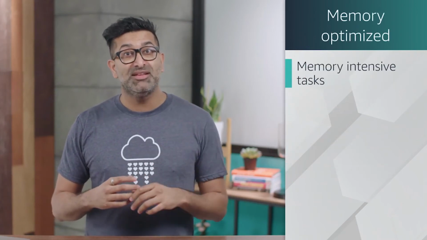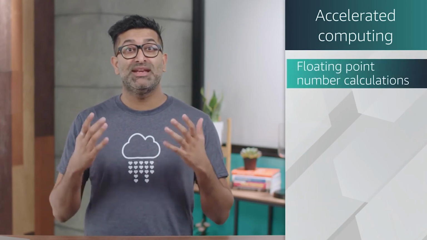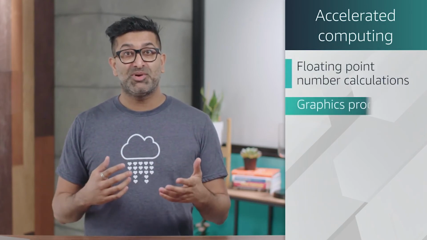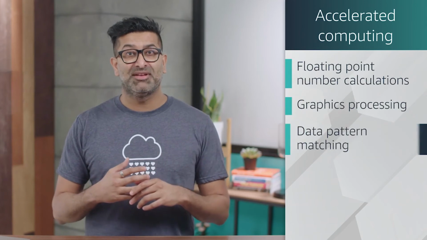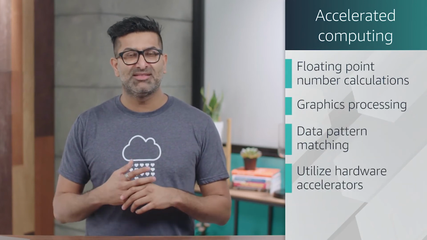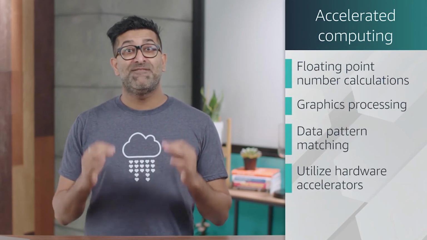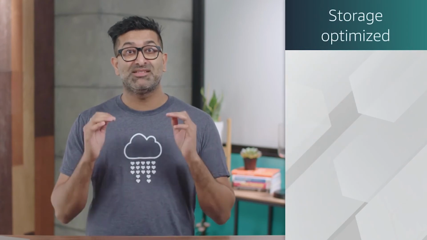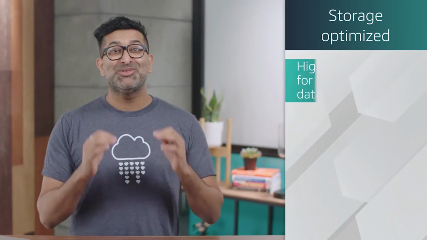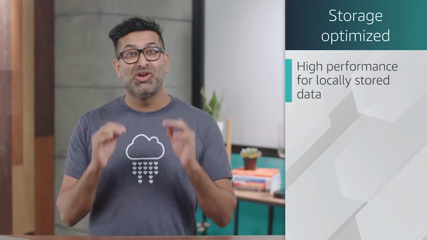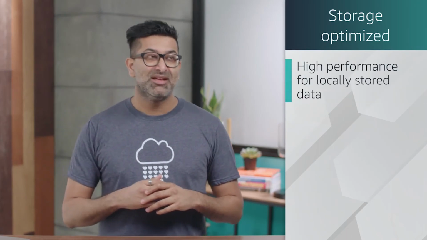Similarly, memory optimized instances are good for memory intensive tasks. Accelerated computing instances are good for floating point number calculations, graphics processing, or data pattern matching, as they use hardware accelerators. And finally, storage optimized are good for, can you guess it? Workloads that require high performance for locally stored data.